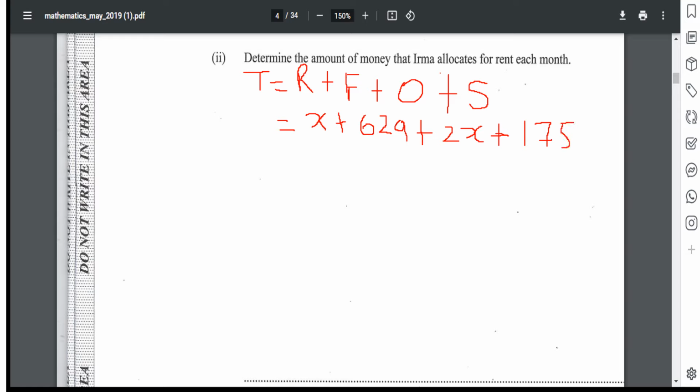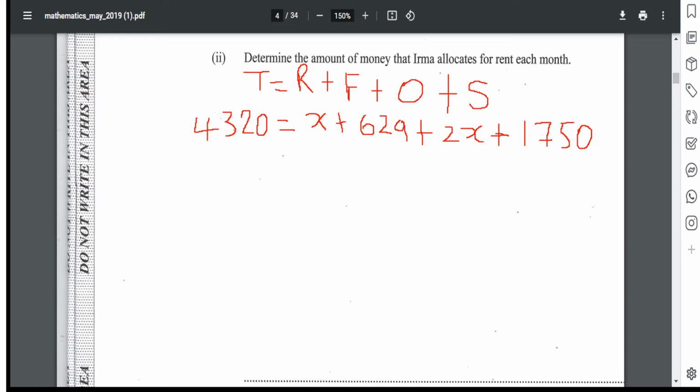So we group some like terms. On this side, first of all, where the total is, we put the 4,320, and then we group the like terms.